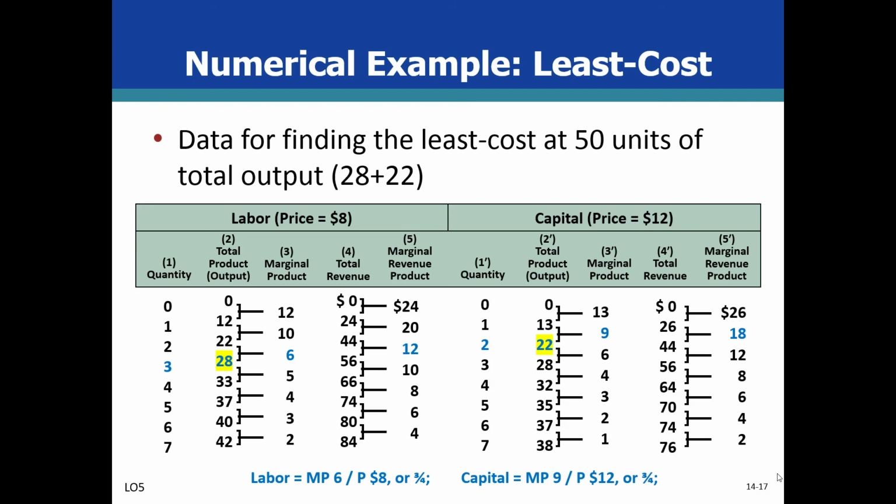Why? Because they don't equal 1. So we've accomplished one objective in our mix of labor and capital, but we have not accomplished the ultimate objective, which is profit maximization. So let's take a look at that.